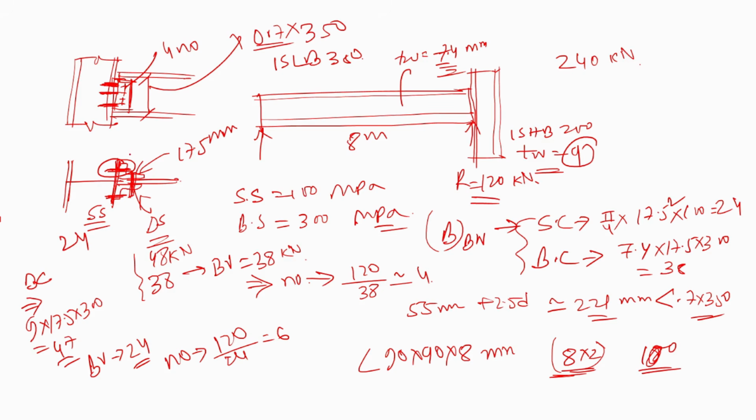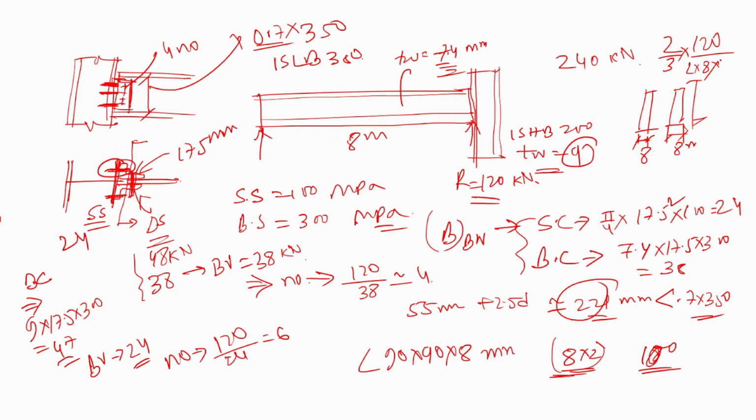If we cut here, it is two rectangular sections with thickness 8 mm. The maximum shear stress in a rectangular section is always 3/2 times the average shear, that is 120 divided by the area. The area is 2 into 8 into the height, which we have designed as 221. The stress distribution looks parabolic in a rectangular section, and this is times tau average.